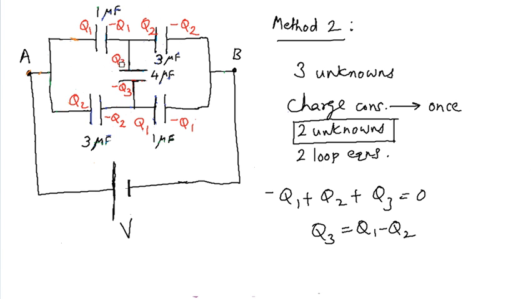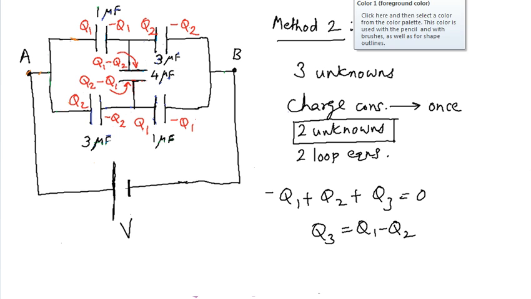Please note that in doing so I am further reducing the complexity of the circuit. So I rub out Q3, and in its place I am going to write Q1 minus Q2 like that, and likewise in place of minus Q3 I am going to write Q2 minus Q1 like this.